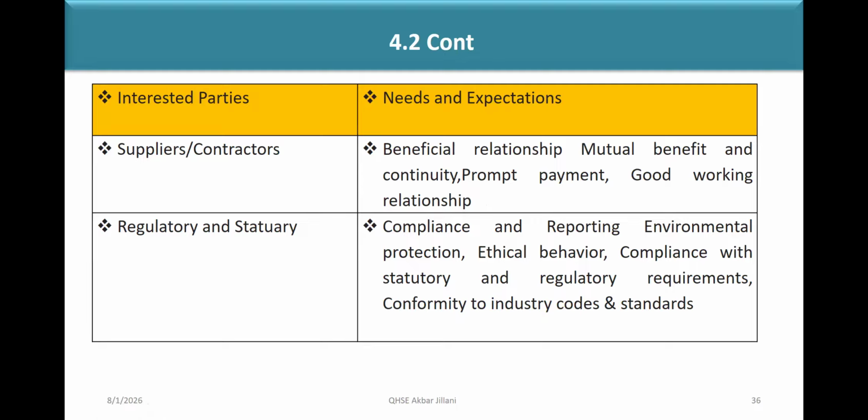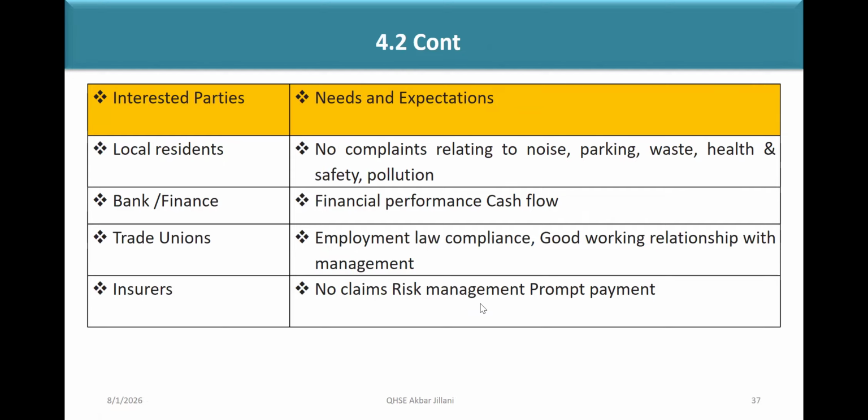From here we have our license: compliance and reporting, environmental protection, ethical behavior, compliance with statutory and regulatory requirements, conformity to industry codes and standards.